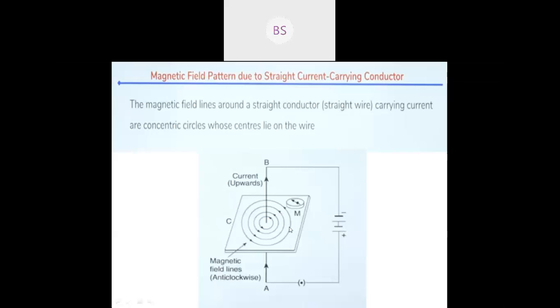So first observation: magnetic field lines form concentric circles around the wire. Second: when the direction of current in the wire is reversed, the pattern of iron filings does not change, but the deflection you can find in the magnetic compass. Okay, and there will be a change in the direction of magnetic field, but that you will understand in the right hand thumb rule.